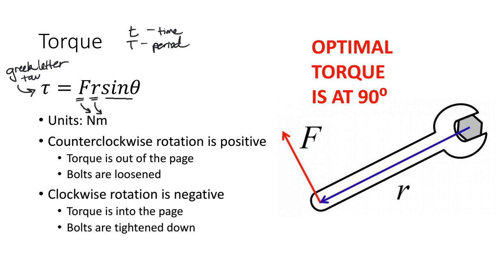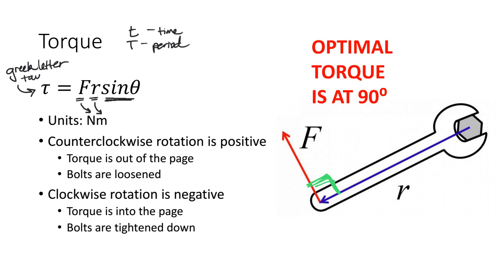You can also see it includes the sine theta, and that is because if you apply a force at an angle other than 90 degrees, you're only going to include the part of the force that is tangent to the circle or perpendicular to the radius. In this example over here, the force and the radius are 90 degrees from each other.